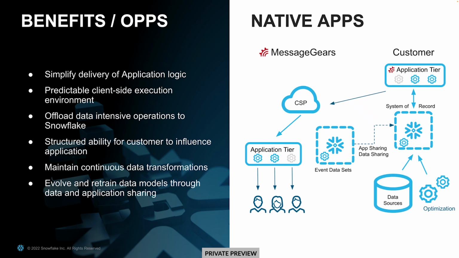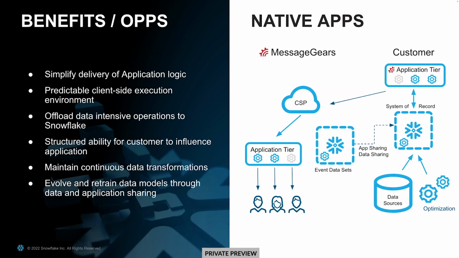So Craig, why don't you talk about now how MessageGears is thinking about native apps now that you've learned about that model back at our June summit? Thank you, Kevin. As we spoke about earlier, MessageGears is a connected application today, although we're eagerly looking at the native application framework to simplify our delivery of logic. Currently, we have an application tier running behind the customer's environment, and with this new framework, we're able to deliver our logic in a more continuous manner and a more reliable delivery for customer execution.